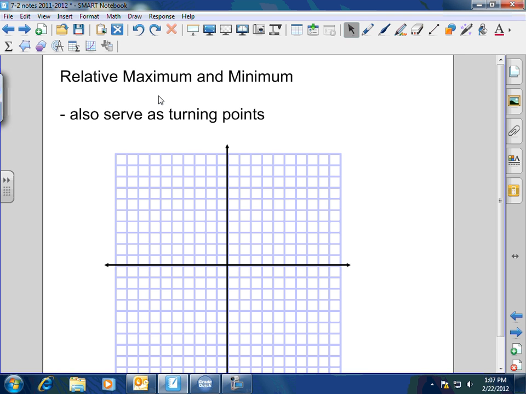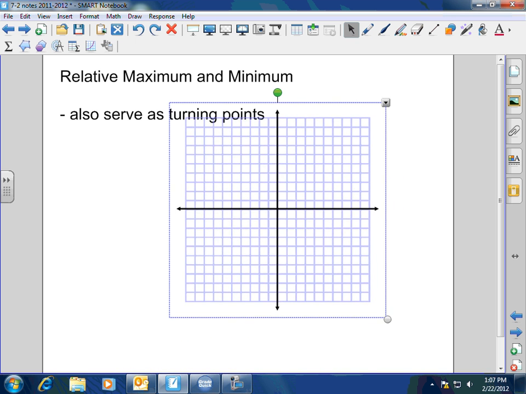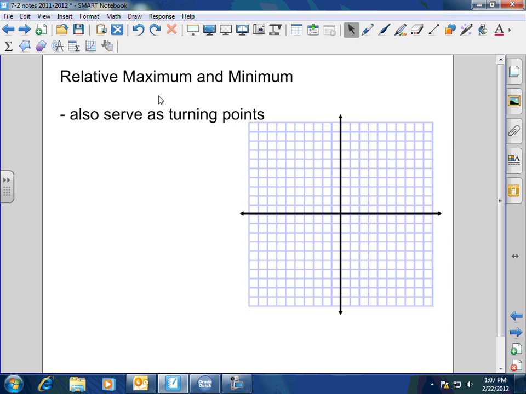So relative max and min also serve as a turning point. And the best way to show you this is to do an example. They want you to graph f of x equals x cubed minus 3x squared plus 5.